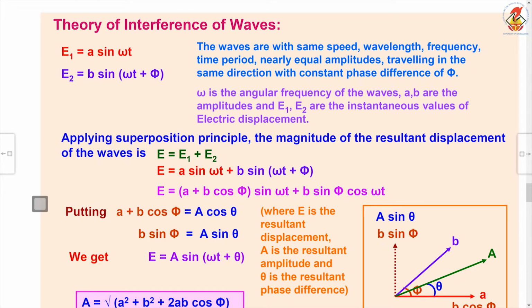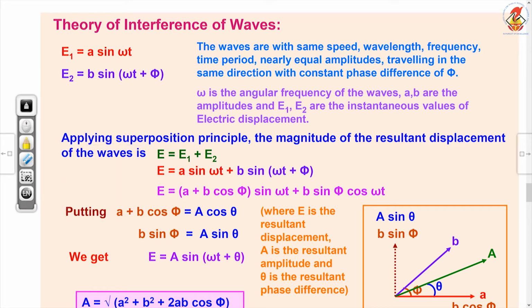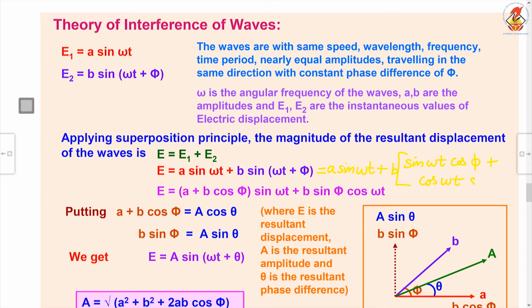Sin A cos B plus cos A sin B. Therefore, this is equal to A sin omega t plus B into sin omega t cos phi plus cos omega t sin phi.